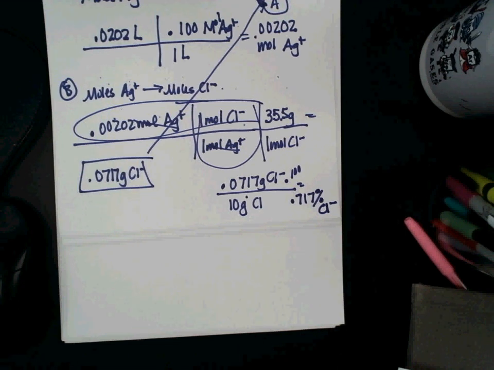Okay, so for every one of these, the first thing you want to do is write the equation. Then once you have the equation written, figure out where you want to go from there. In most cases, you're going to have to take a volume that's given to you in milliliters, turn it into a volume in liters, then find your number of moles, then use your mole ratio, and then finally calculate your molarity of your unknown.